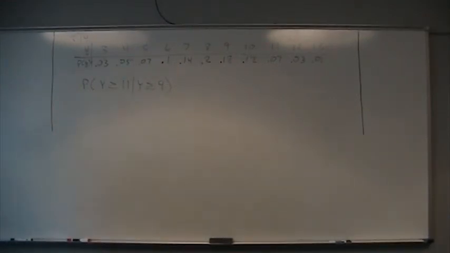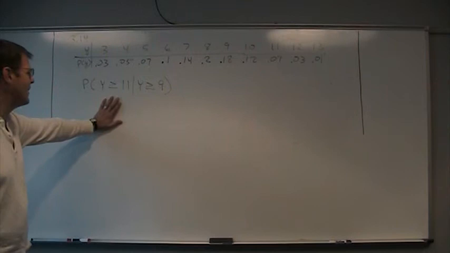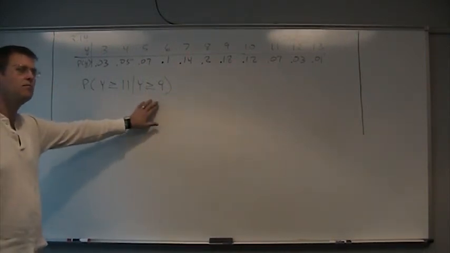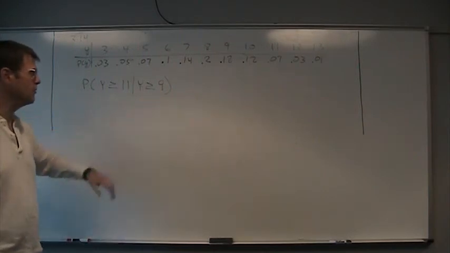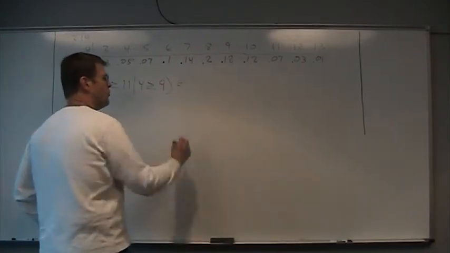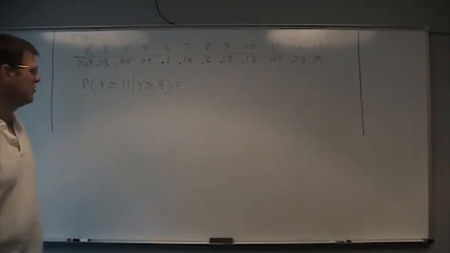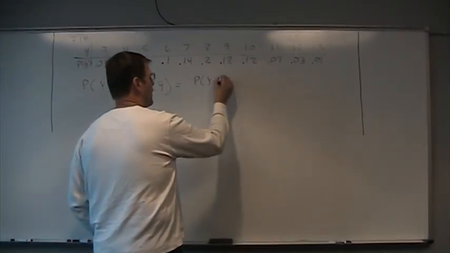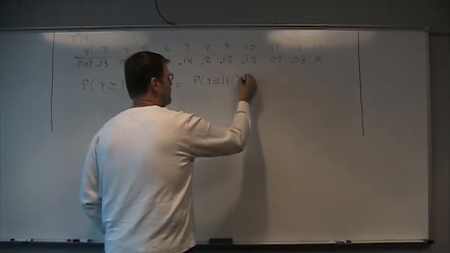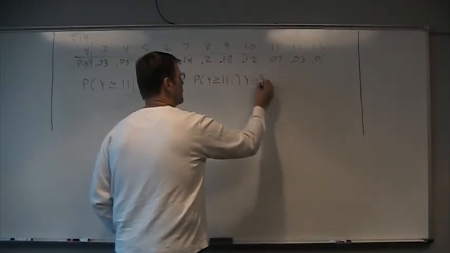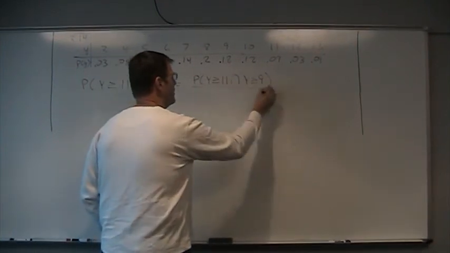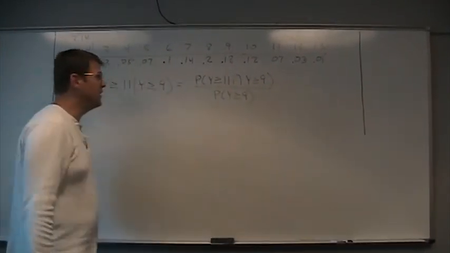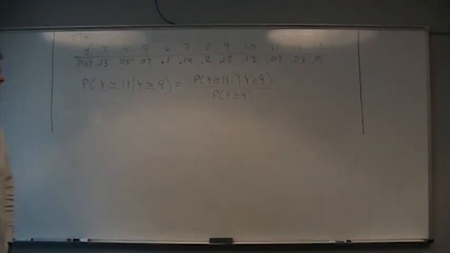So we're asking, what's the probability that the patent life is 11 or more years, given that it's 9 or more years? It's a conditional probability. We go right back to the definition in chapter 2. So this is the probability that y is greater than or equal to 11, intersected with the event y is greater than or equal to 9, divided by the probability that y is greater than or equal to 9.